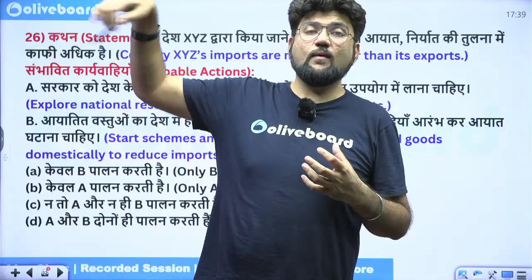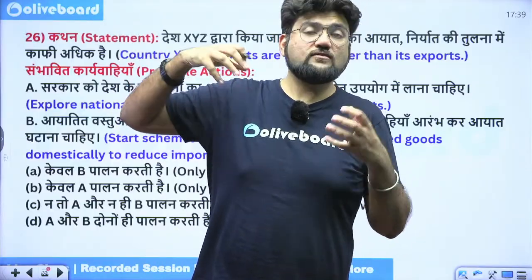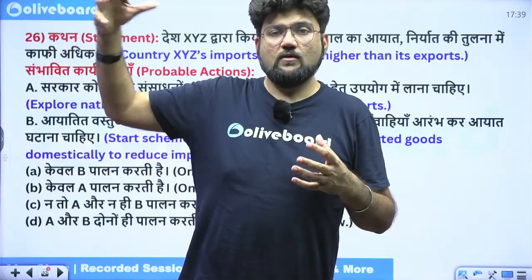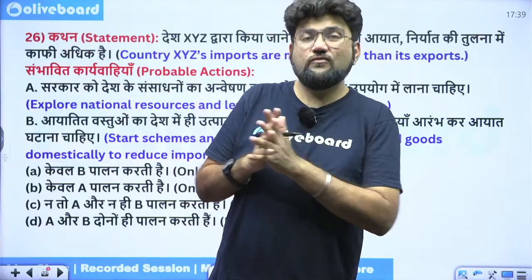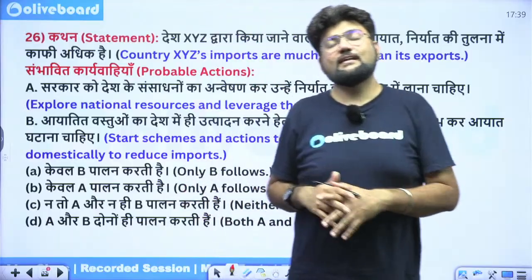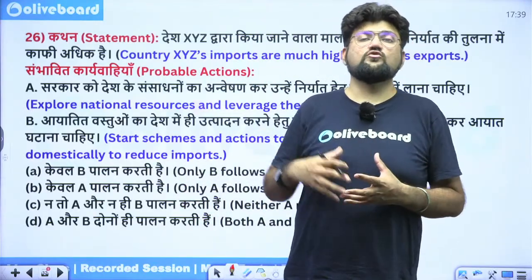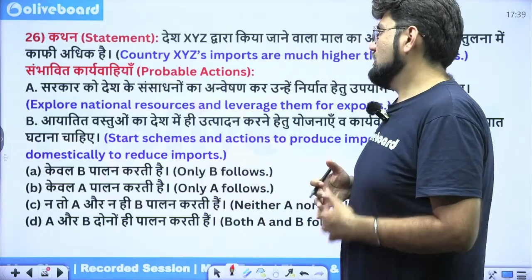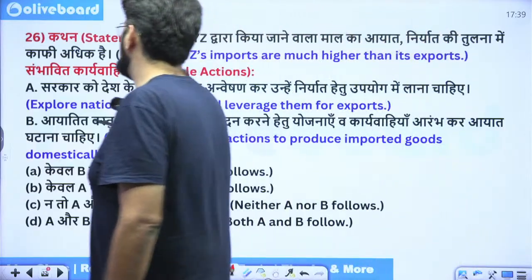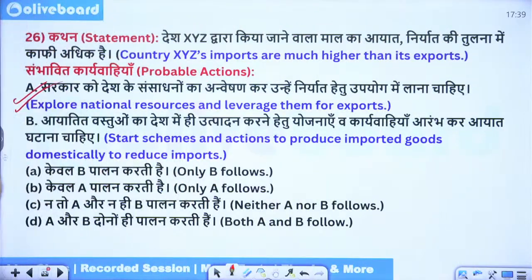Other countries may require these natural resources as raw material for their production, so they will import this. So if the country is failing to manufacture products to export, it can start leveraging its natural resources to be exported to fill in this gap of BOP. So this is a probable solution. This is a good solution which can actually help.